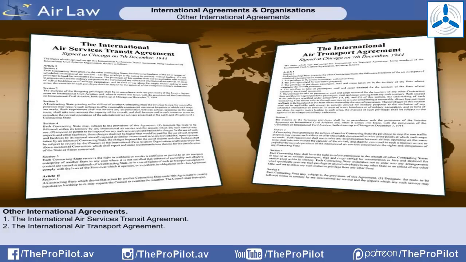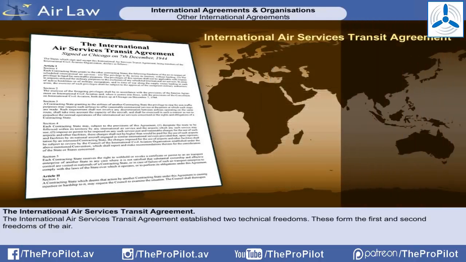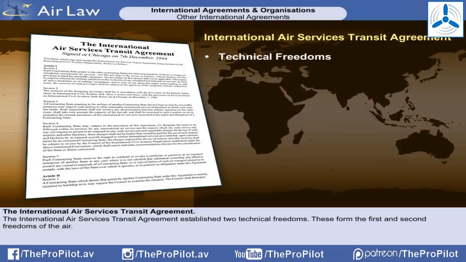The first agreement to discuss is the International Air Services Transit Agreement. The International Air Services Transit Agreement establishes two very important freedoms of the air. These first two freedoms are the first two of 5 freedoms, which together form the technical freedoms.